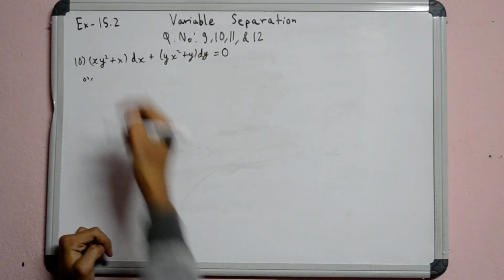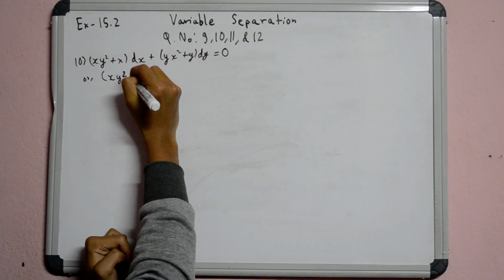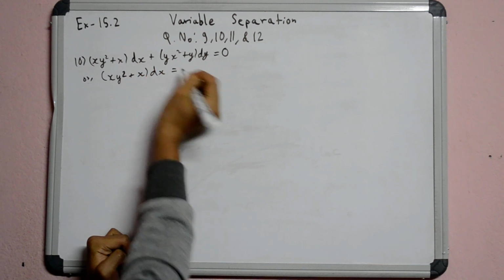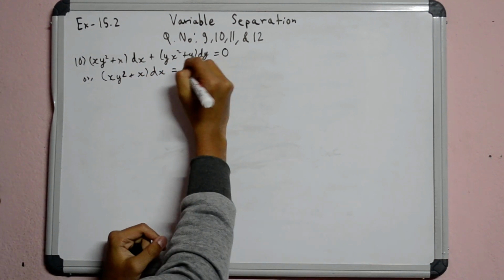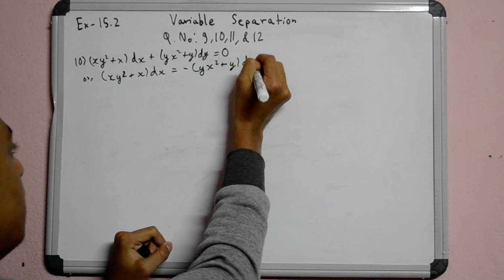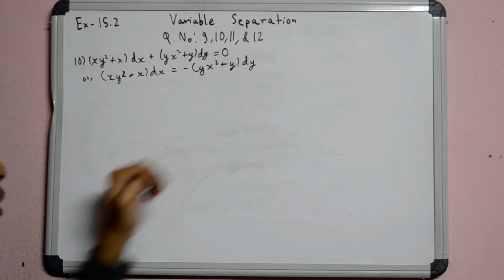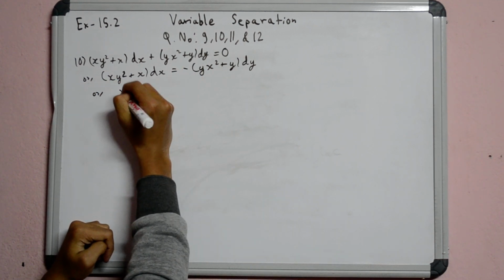Now, like in the previous question, let's first of all put the dx and dy separately. So this becomes minus y x square plus y dy. And now here we can take x common from here and y common from there. So let's do that.